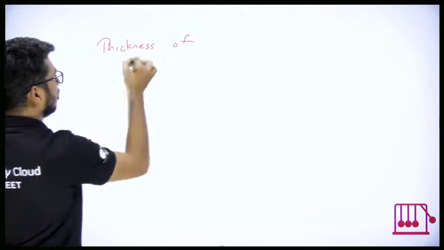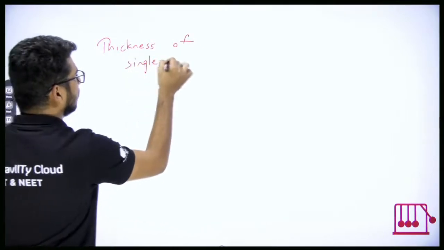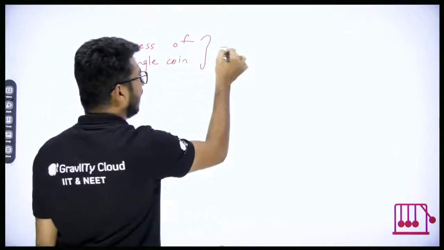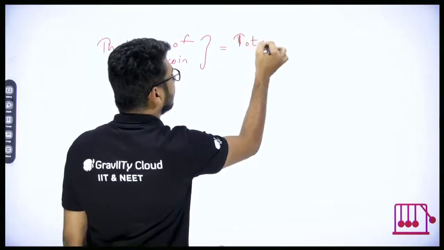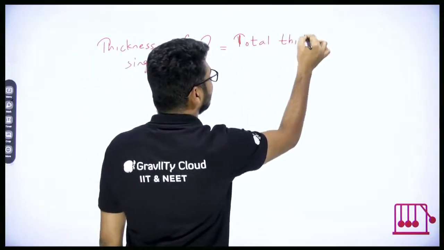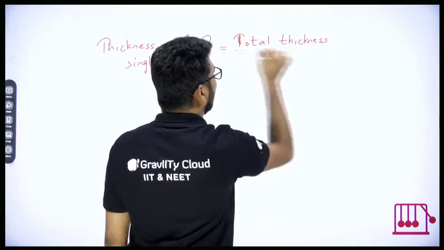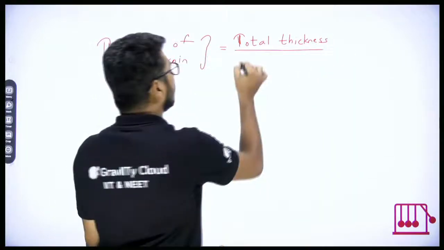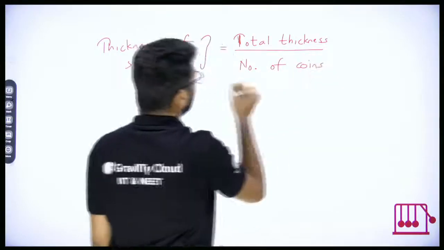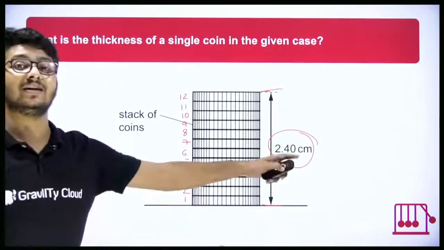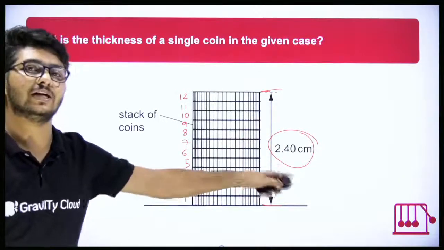That means the thickness of a single coin. What was the formula? Total thickness upon total number of coins. So what is the total thickness here? 2.40 centimeter.